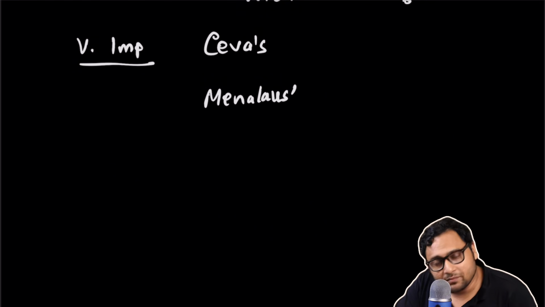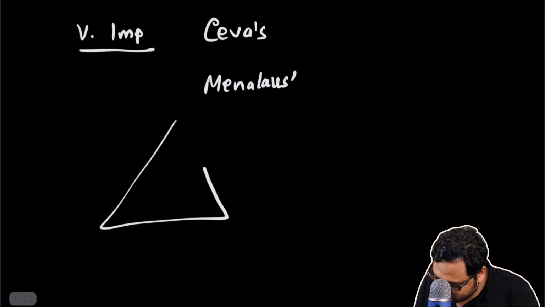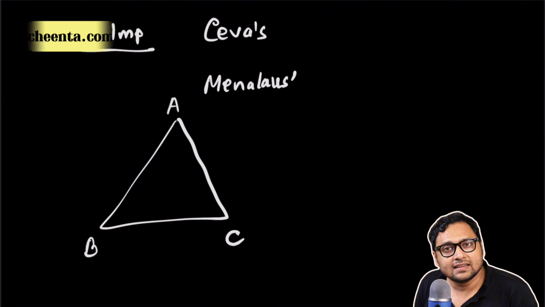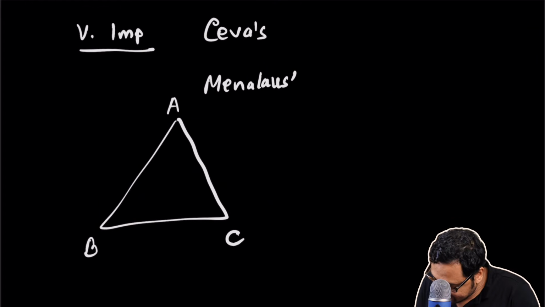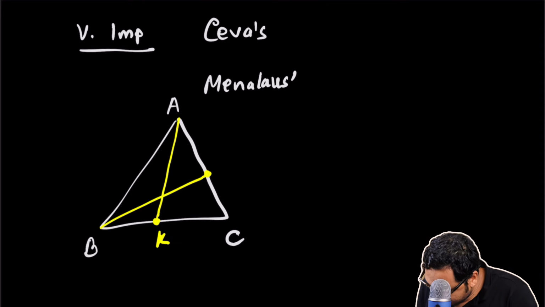What is Ceva's theorem? Ceva's theorem says that if you have a triangle, let's say A, B, and C, and if you have 3 lines, AK, BQ, and CP.